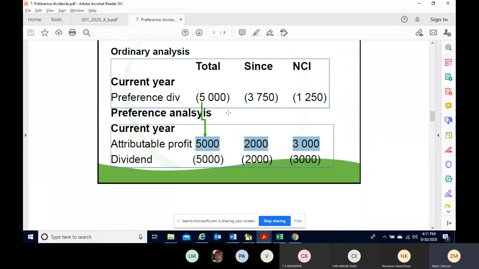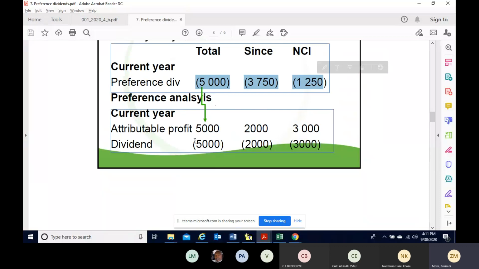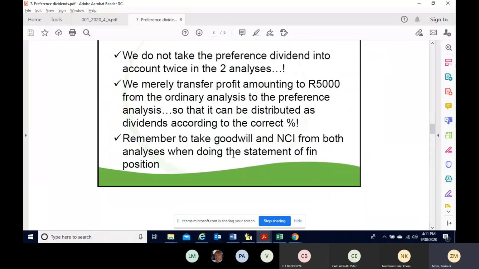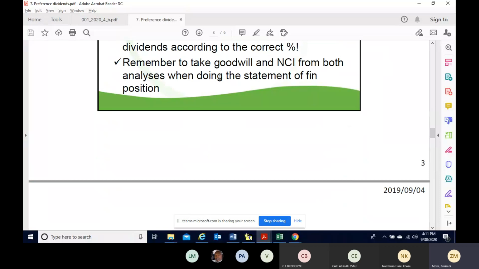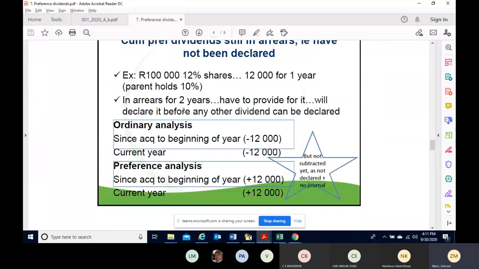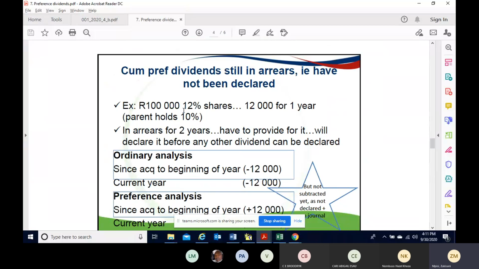So this 5,000 is taken out of the profit so that it can be properly allocated in the preference shares. So remember to take goodwill and NCI from both analyses when doing the statement of financial position.